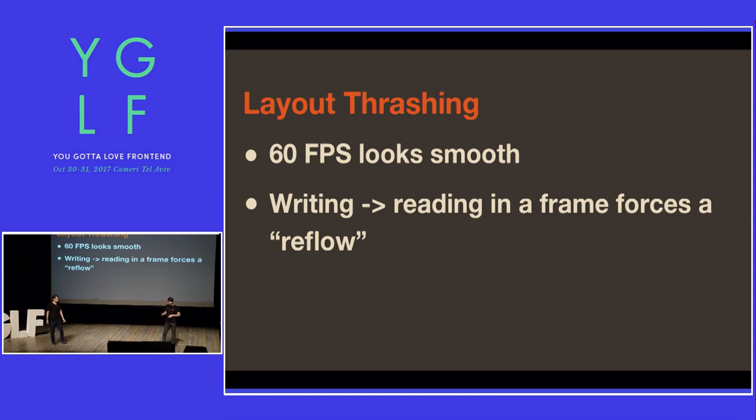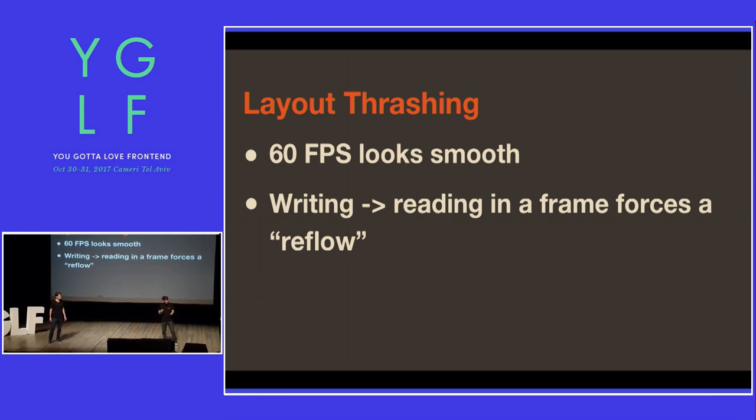And when you do a lot of writing and then reading, you're forcing the browser to do a reflow for you, a full reflow. It depends on the change that you did, based on the triggers we just showed you. If you change something like left, or in this case the height, which causes a reflow, and you do read and write one after the other, it makes the browser think you need the most updated data about this width, so it will do a full reflow again.